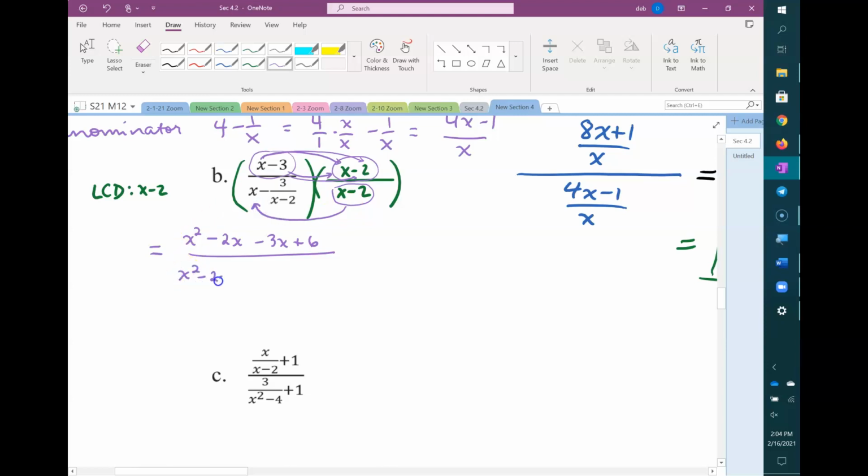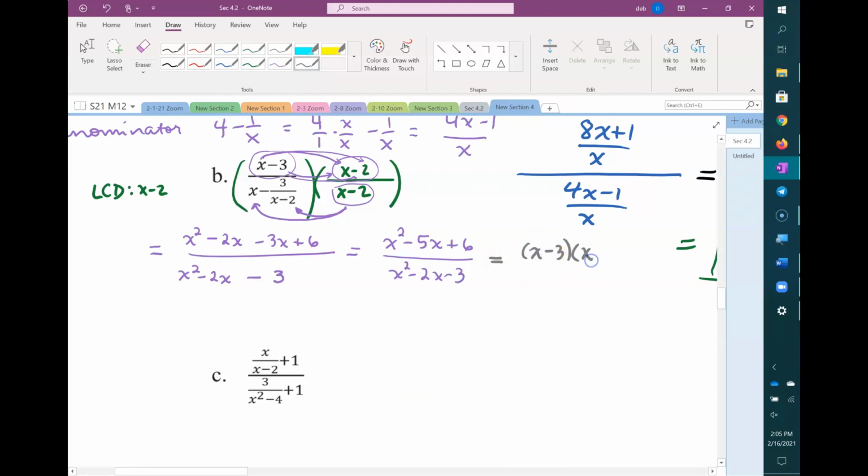So I'm going to get x squared minus 2x minus, and then just a 3, since the x minus 2's will cancel. So I'll have x squared minus 5x plus 6 over x squared minus 2x minus 3, but I really need to check and see if there are any matching factors in the top and the bottom.